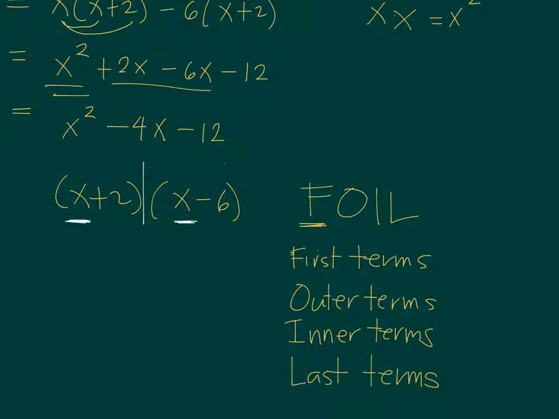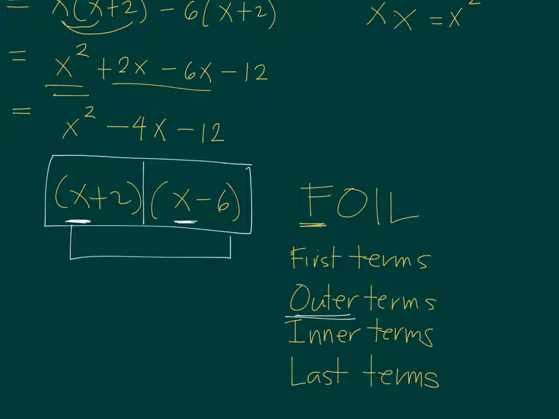If you take a look at the whole thing, x and 6 are on the outer part of the expression. That is why they use the term outer. So x and minus 6 are the outer terms, and 2 and x are the inner terms, meaning inside.